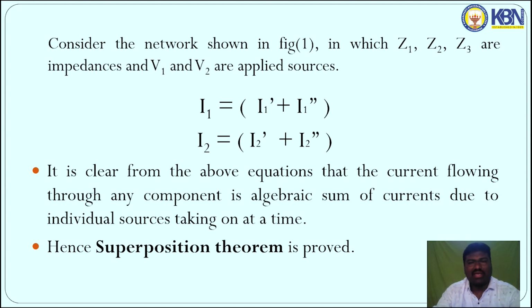That means I1 equals I1 dash plus I1 double dash, I2 equals I2 dash plus I2 double dash. It is clear from the above equations that the current flowing through any component is the algebraic sum of currents due to individual sources taking one at a time. Hence, the superposition theorem is proved.